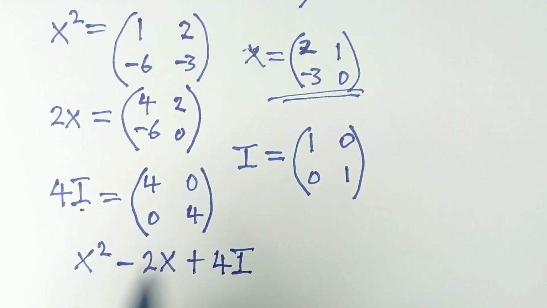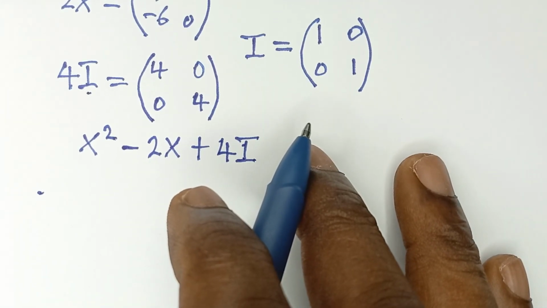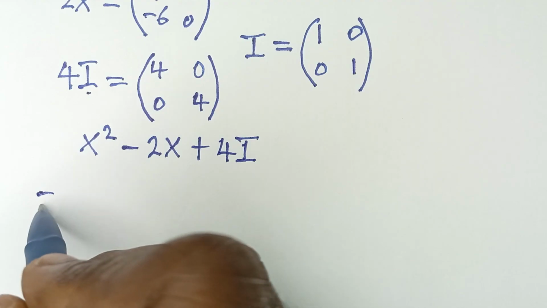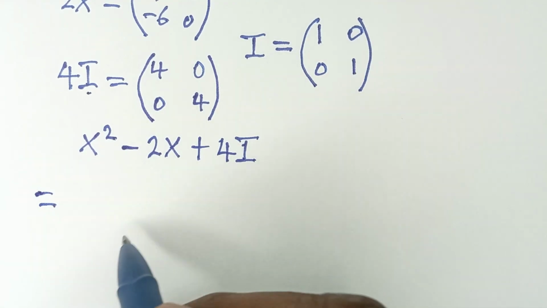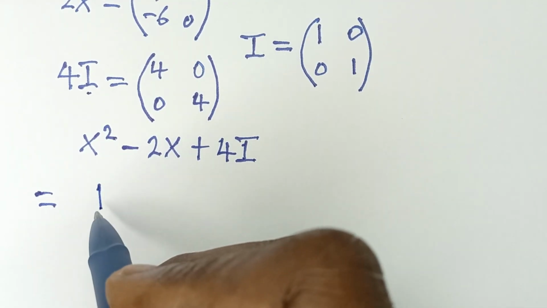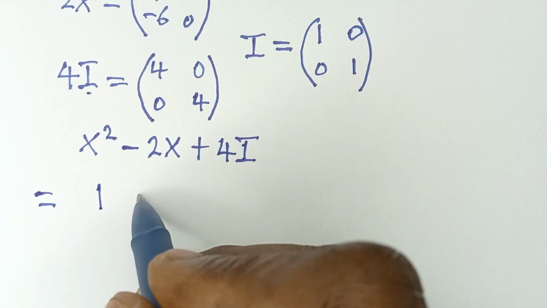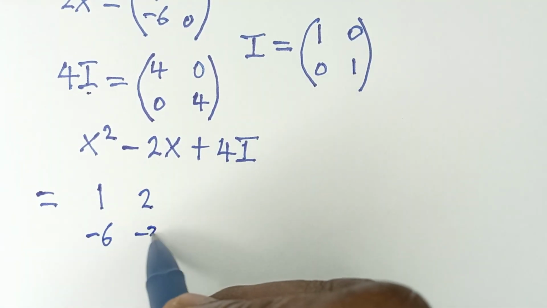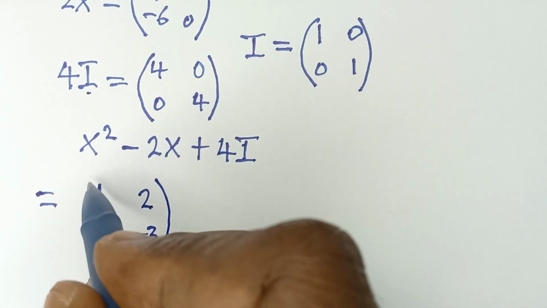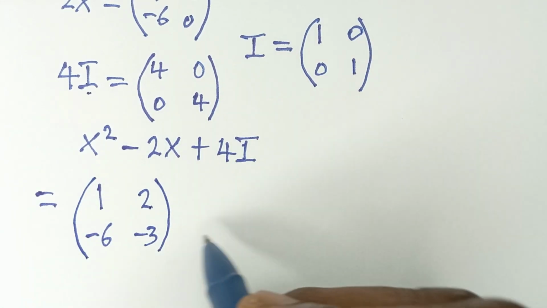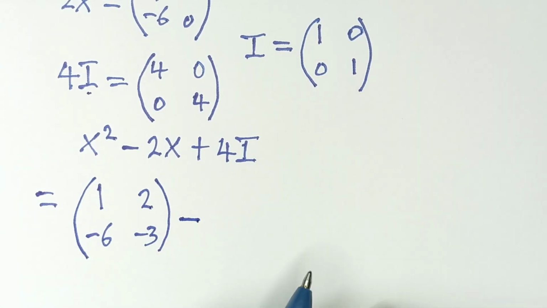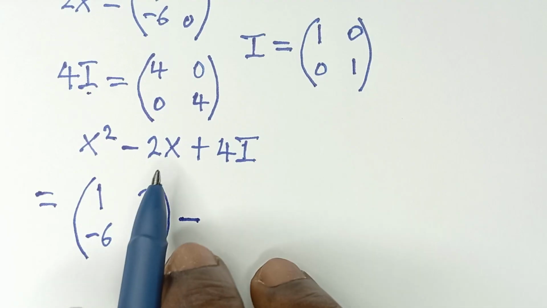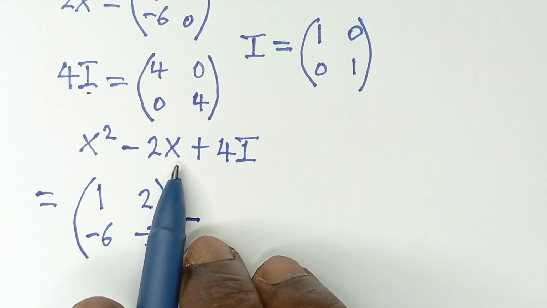So I say it is equal to the value for x squared, which is 1, 2, and then negative 6 and negative 3. This is the value for x squared, and then minus the value for 2x.